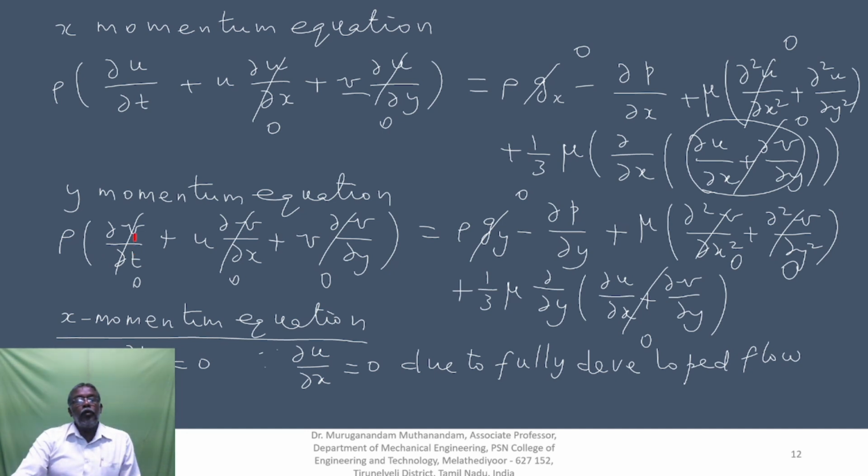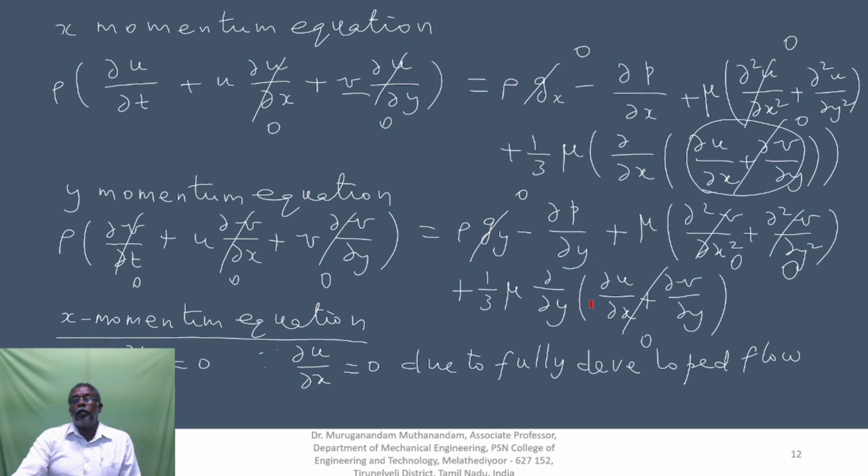Since v is equal to 0, partial v upon partial t is 0, partial v upon partial x is 0. In this term, v is also 0, partial v upon partial y is also 0. Since partial v upon partial x is 0, partial square v upon partial x square is 0. Since partial v upon partial y is 0, partial square v upon partial y square is also 0.